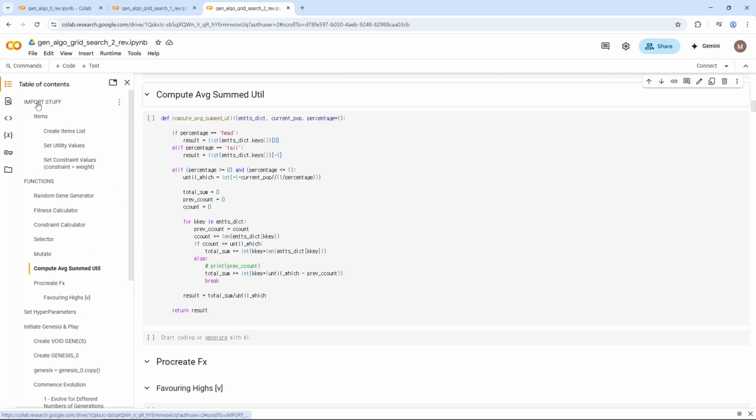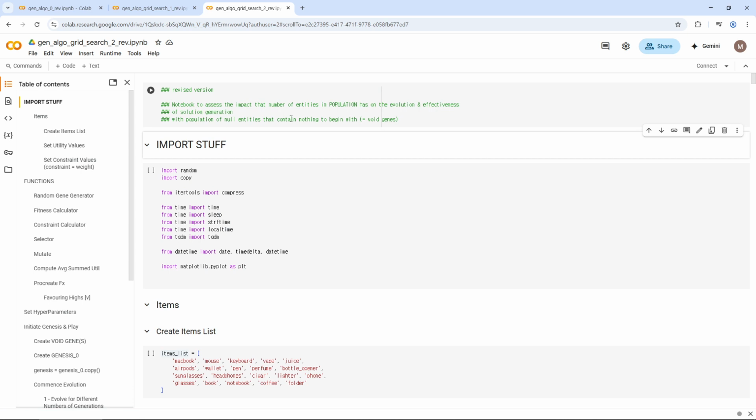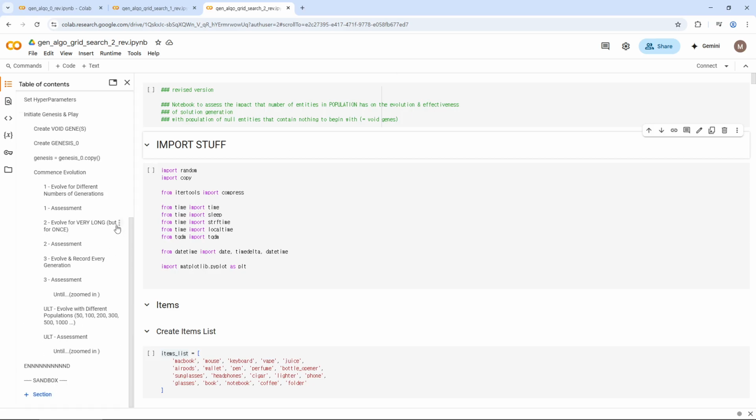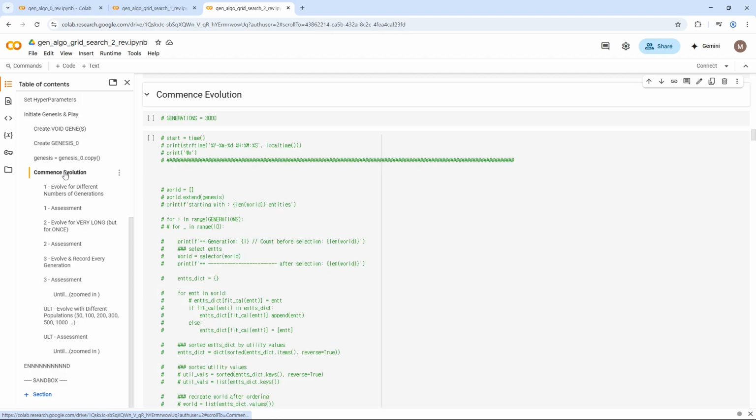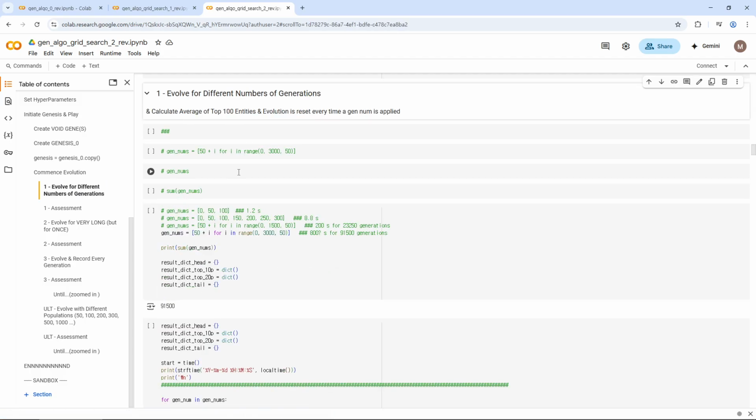However, in this notebook I try to assess the impact that the number of entities in the population per generation has on the evolution and effectiveness of entity generation, starting with a population of null entities, void genes, entities full of zeros. All of these go through the same procedures.